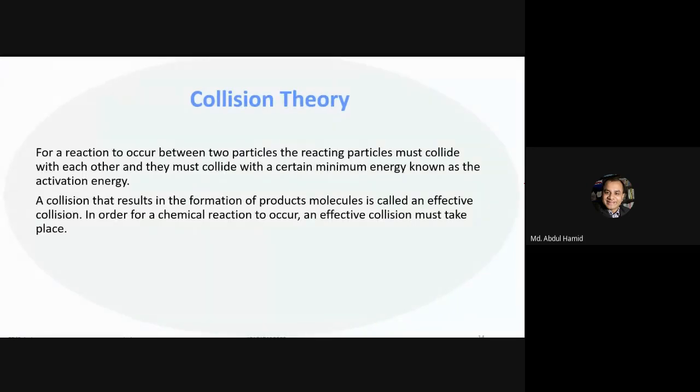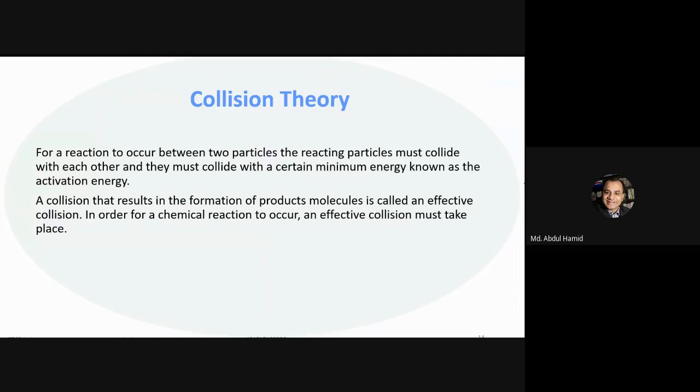The main thing here is collision theory. In a chemical reaction, the molecules or reactants must collide with each other to take part in the reaction. If there is no collision, no product. If we get product, this collision is called an effective collision.